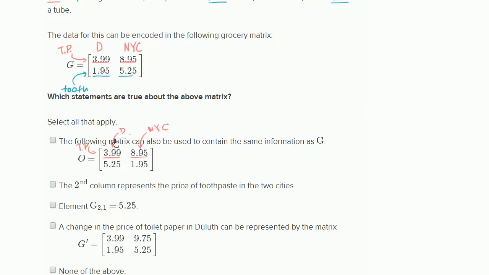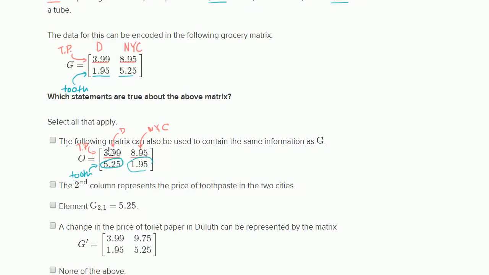But then if we define things that way, then this would have to be the toothpaste row. But the price of toothpaste in Duluth is not $5.25, and the price of toothpaste in New York City is not $1.95. So this one is not representing the same information as that up there. You can't just randomly order these around.